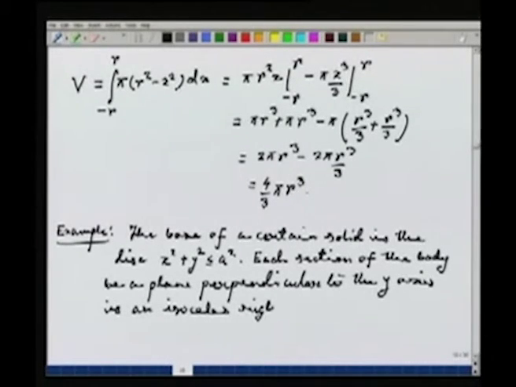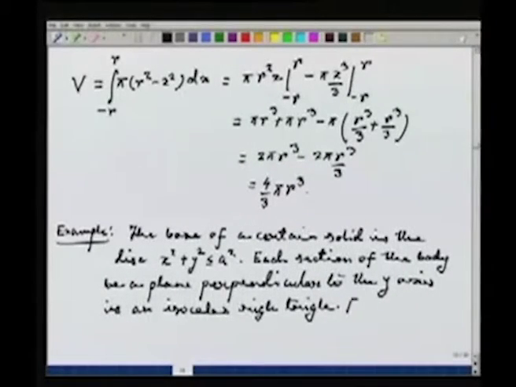Means what? It means this triangle has two equal sides and the included angle is 90 degrees. Then the point is to find the volume of the body.